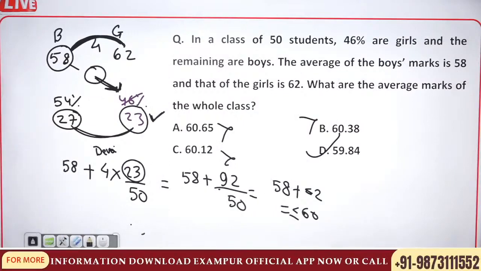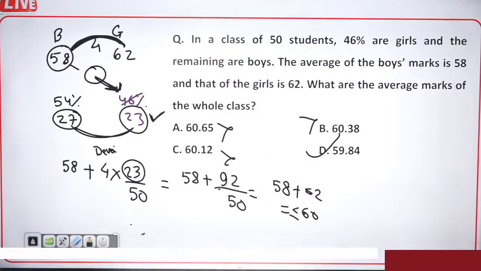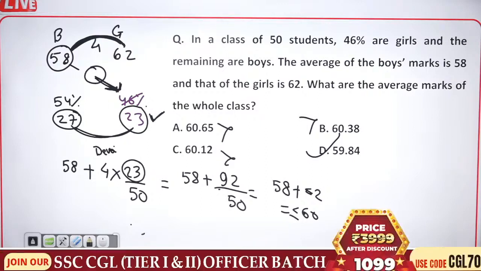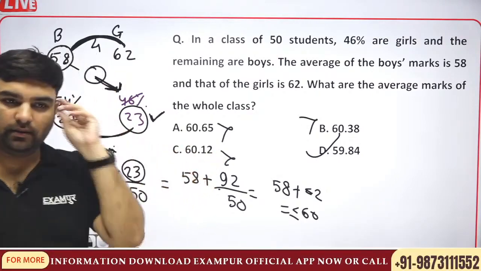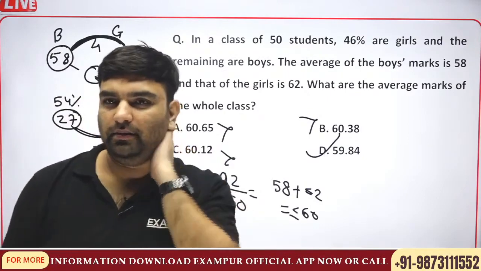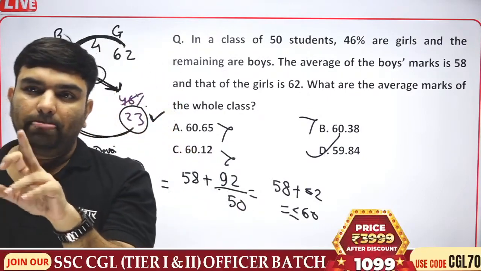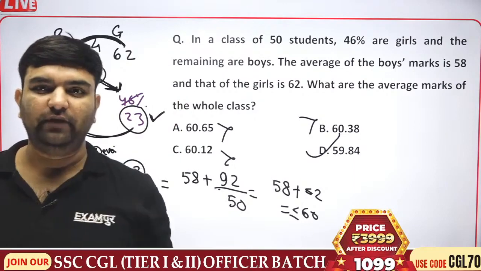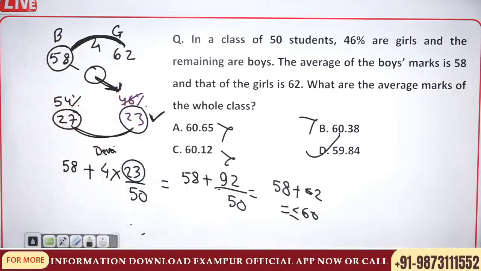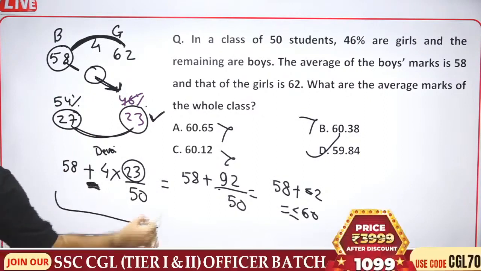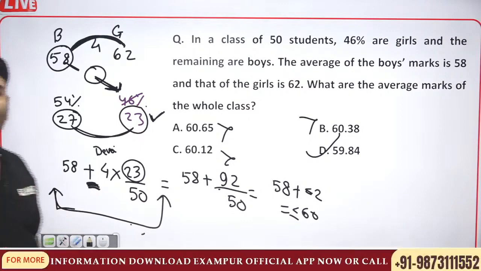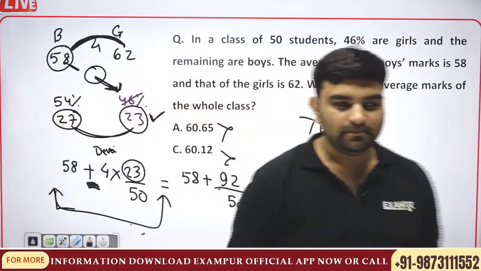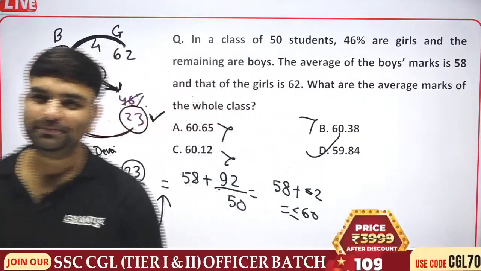If you find out from 62, you need to subtract: 62 minus 4 into 27 divided by 50. But if you do it from 58, you can do the addition, because the overall average is greater than the smaller value and smaller than the larger value.